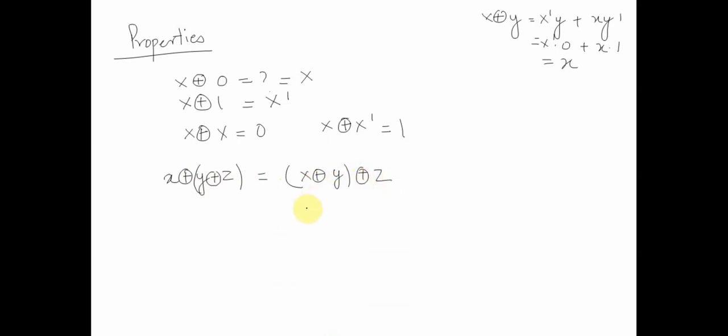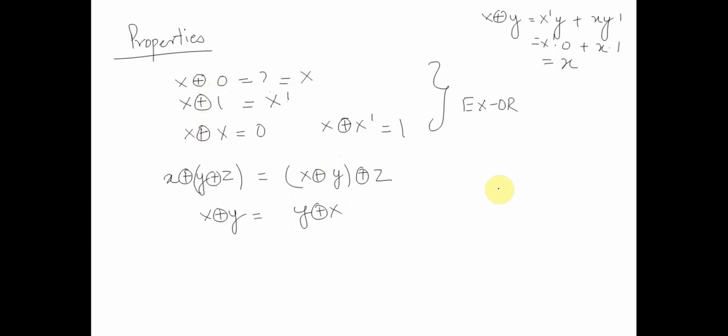And same is with the commutativity, where we say order doesn't matter, right? These are a few important properties of XOR function, where we say any number XORed with 0 is the number itself, any number XORed with 1 is the complement of that number, a number XORed with itself is 0, and the number XORed with its complement is 1, right?